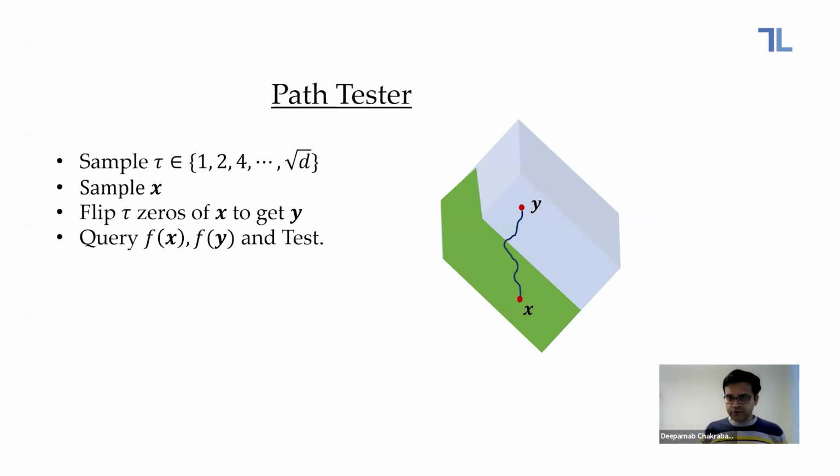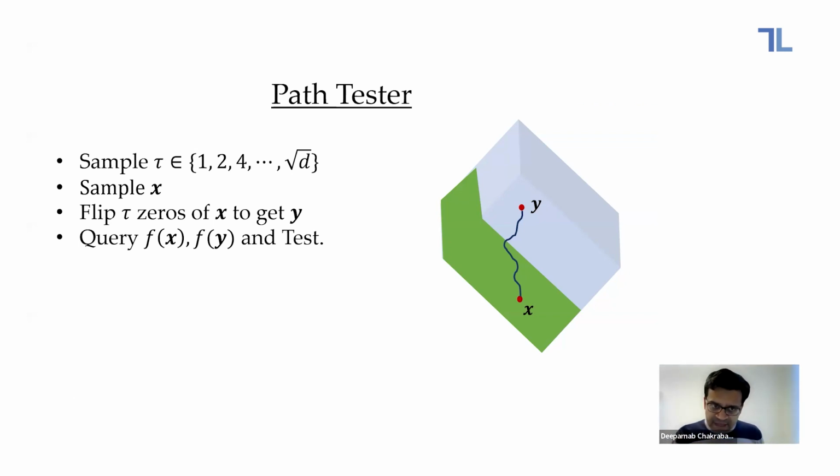From 1 in powers of 2, so 1, 2, 4, 8, 16, up to roughly root d, it is going to choose one of these lengths at random. So there are log d such lengths. Then it samples an x and walks t steps to get y. So it'll flip t zeros of x to get y and then test.